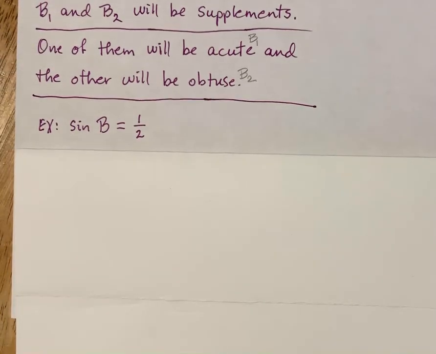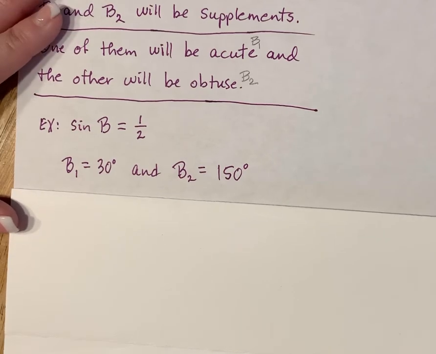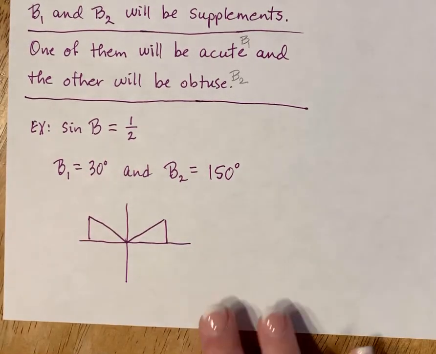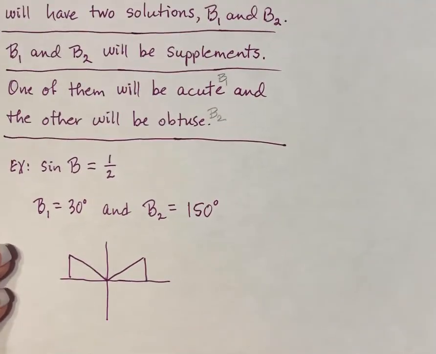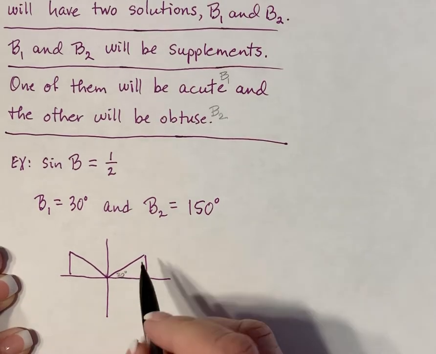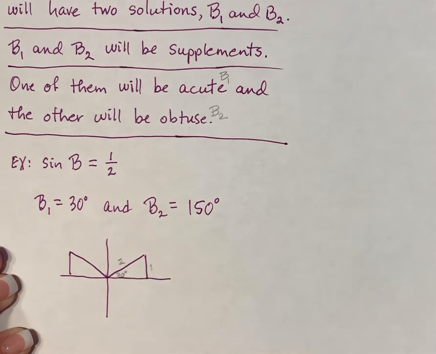So, for example, so you can visualize how this might happen, say you're trying to solve the sine of B is equal to 1/2. There are two solutions to this problem. One of the solutions is 30 degrees. We know the sine of 30 degrees is equal to 1/2. And the other solution is 150 degrees. If you go back and look at reference triangles and you make a triangle that's 30 degrees, where the opposite is 1 unit and the hypotenuse is 2 units, that angle will be 30 degrees.